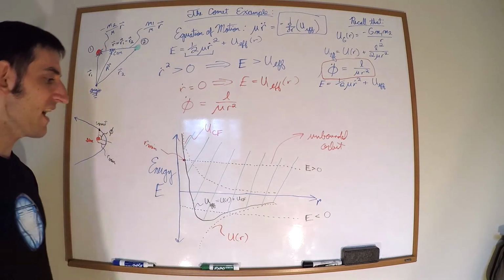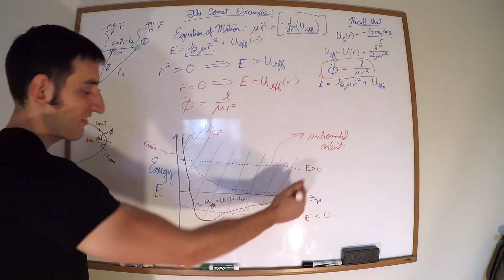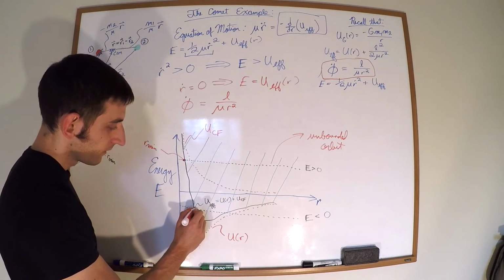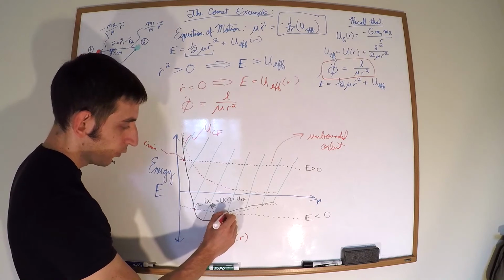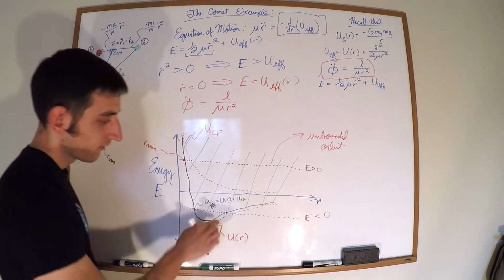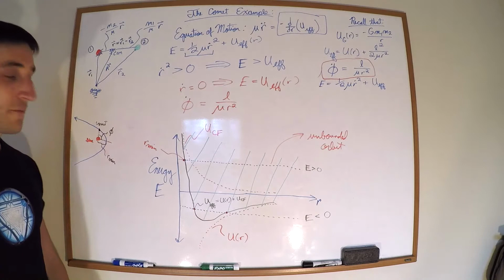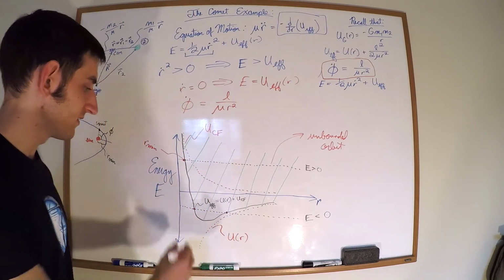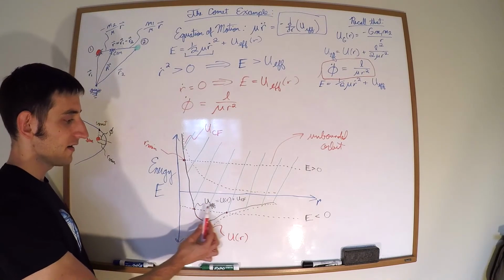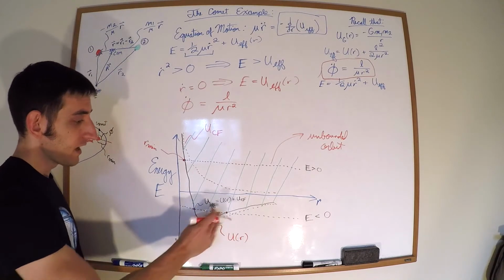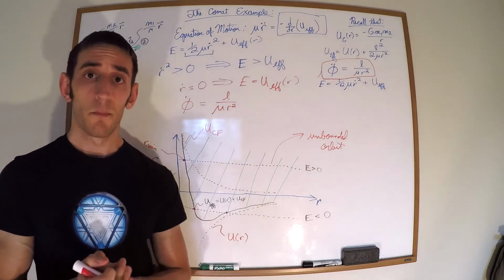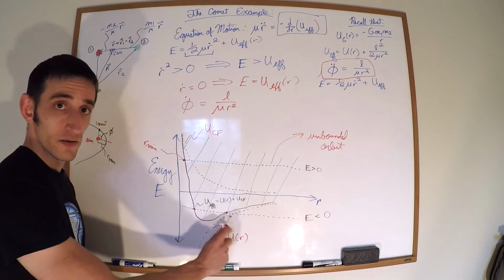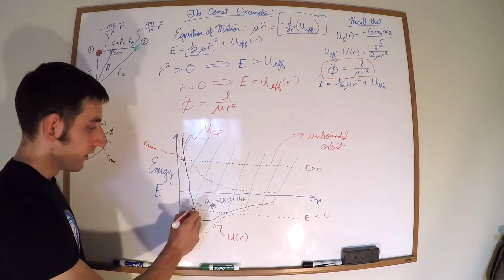We find that we're stuck to this green hashed area inside here, and it crosses the effective potential energy at points when r dot equals 0, at two places, at a small r and a large r. And it looks like it's stuck between these two distances. It's stuck in this region.